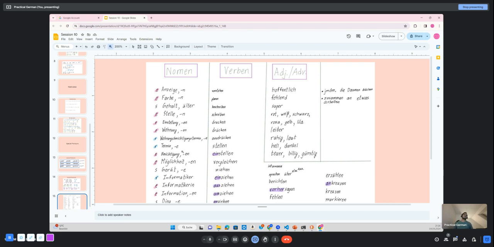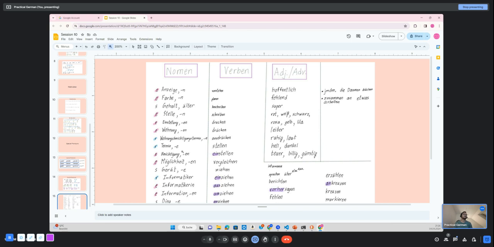Das Gerät is the thing or the equipment. What do you think? You should never give a gerät to a one-year-old kid. Gerät means gadget. It can also mean machine, but it normally means gadget.